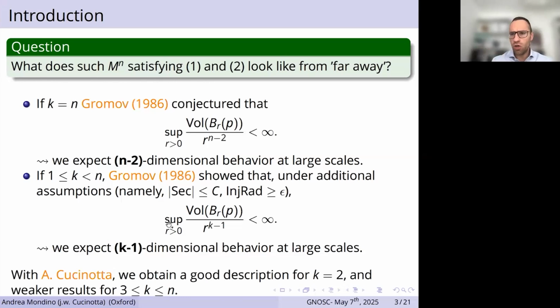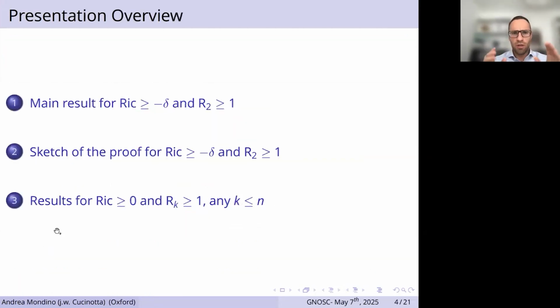In this joint work with Cucinotta, we obtain a good description for k equal to 2, when we have a positivity condition on the sum of the smallest two eigenvalues of the Ricci, and then some weaker result, which I'm going to discuss at the end, for larger values of k. So the plan of today is: I will first state the main result for almost non-negative Ricci and positive sum of the smallest two eigenvalues of the Ricci.